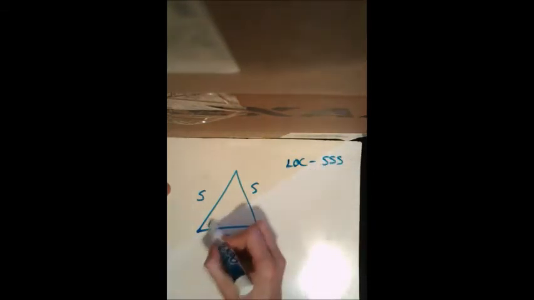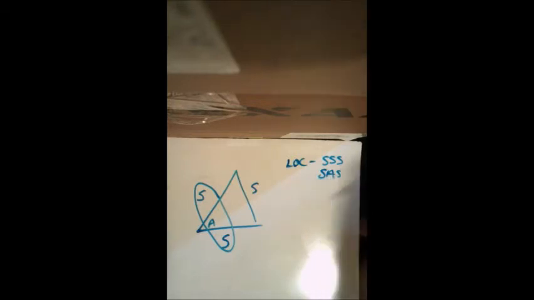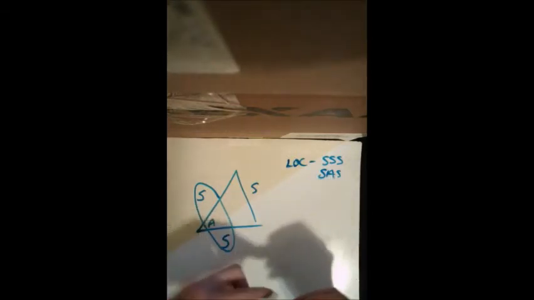And also, knowing side, angle, side is another one. So those two are both examples of when you'll do the law of cosines. Law of sines is pretty much everything else. As long as you know a side and the angle that's opposite it, you can use the law of sines.